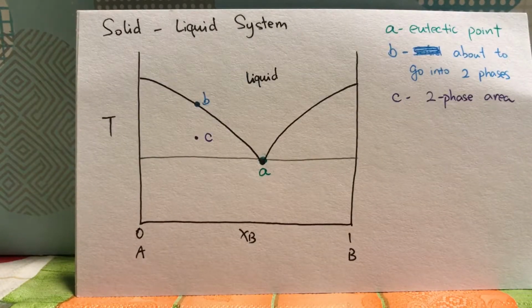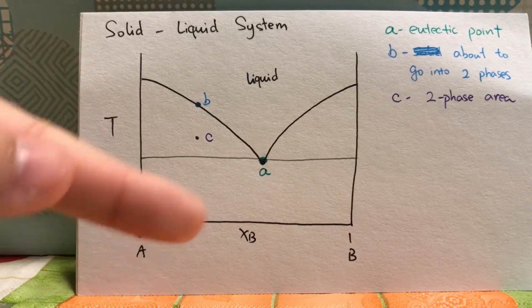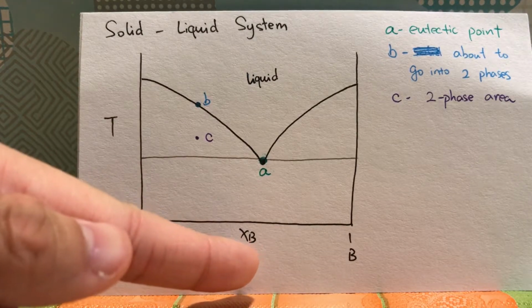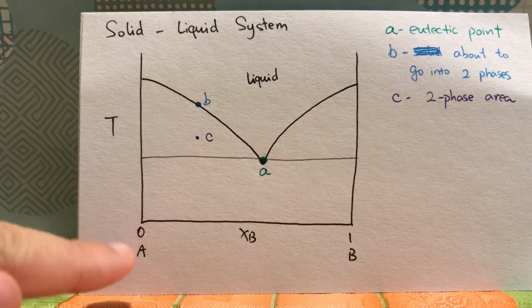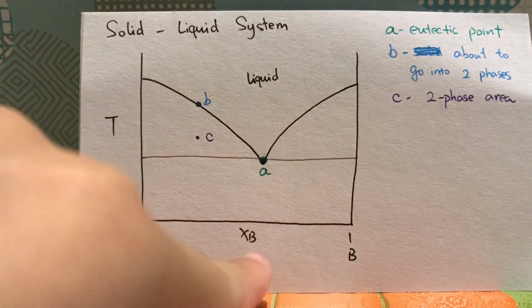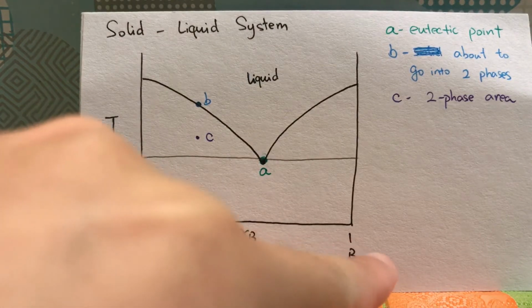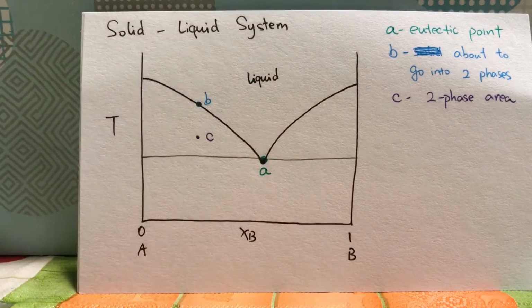So this is the actual solid-liquid system binary phase diagram. In this graph, we can see that it's measured in temperature and it depends on the mole fraction of B. Where the mole fraction of B equals 0 is where the pure substance A is, and where the mole fraction of B equals 1 is where the pure substance B is.